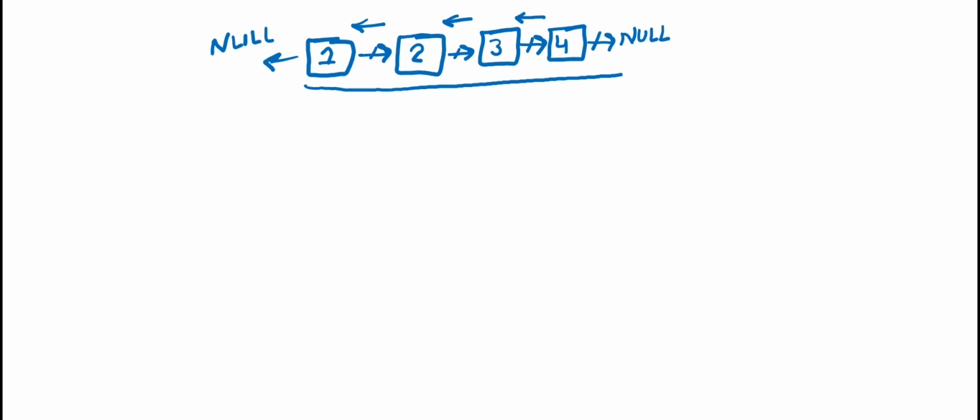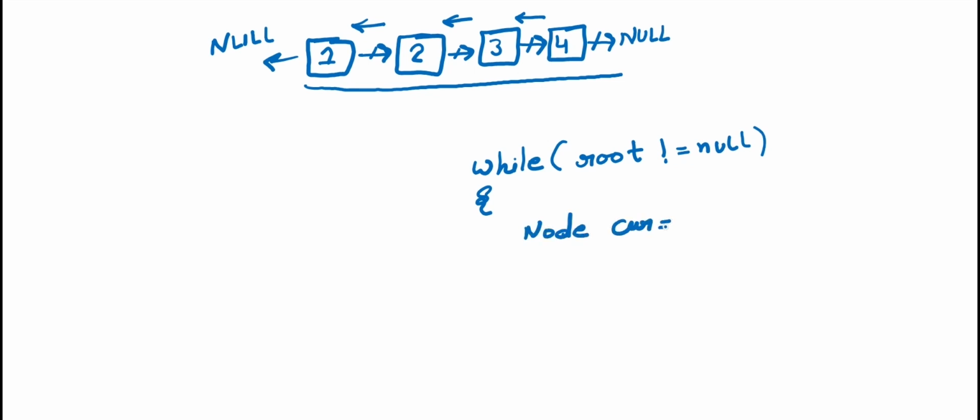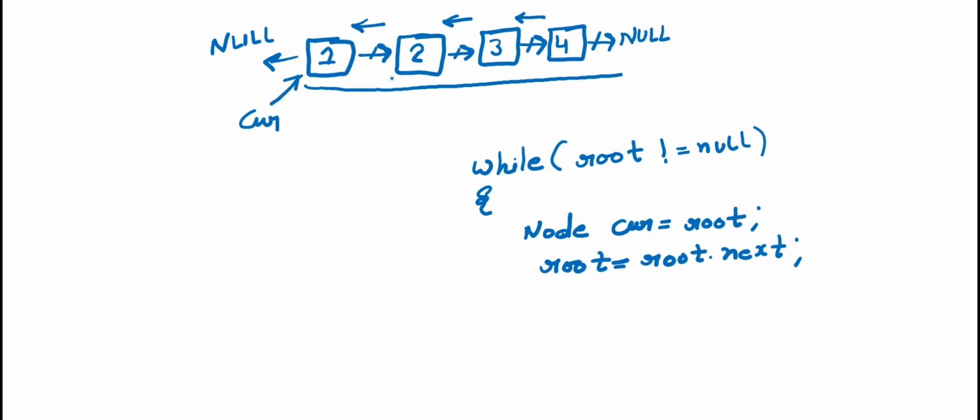Now let's see how we can do that. Same as previous, we will run a while loop from the head to the end of the linked list while root is not equal to null. And now we will take the current node and we will move root to root.next. So now current is this and root is this.